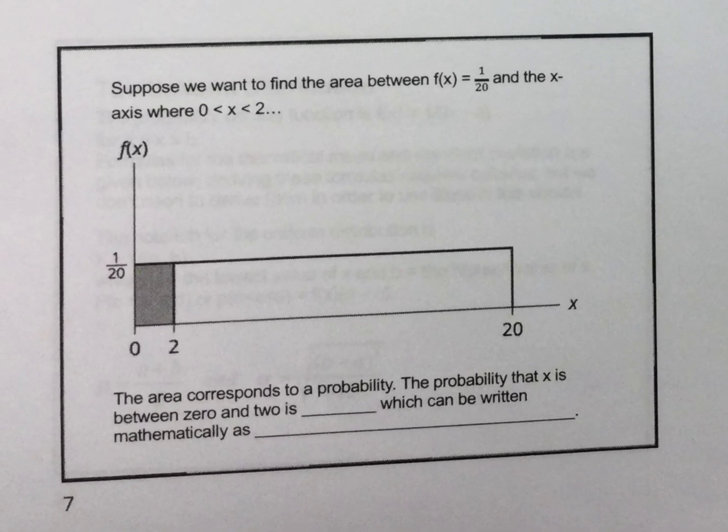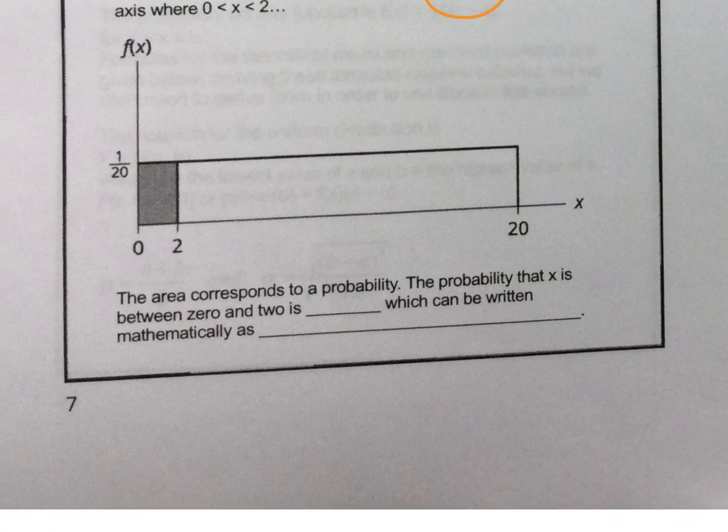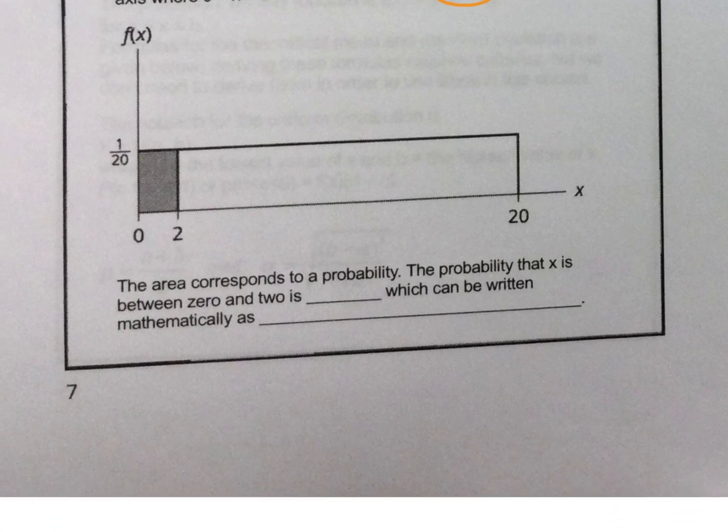So if we want to find the area, okay, between f of x equals 1 over 20 and 0 to 2, we simply do area of a rectangle, length times width, okay? So here's the area 2, and this looks a little different because it extended the y line out to 20, but we're just looking at 0 to 2, okay?